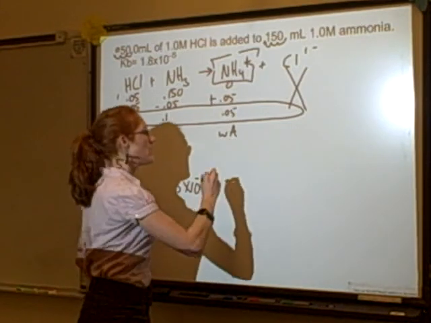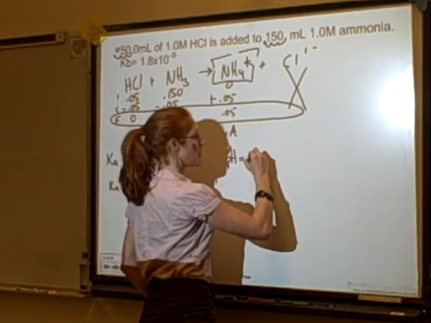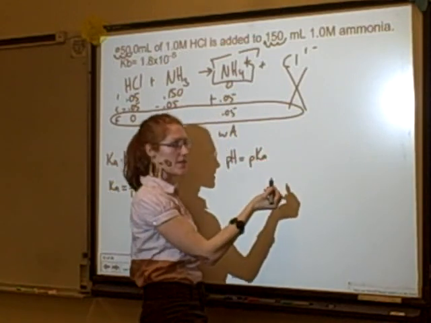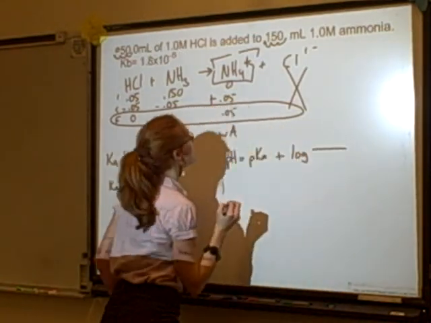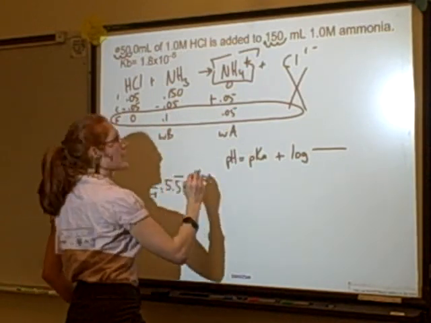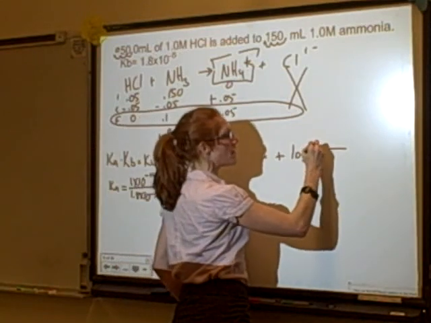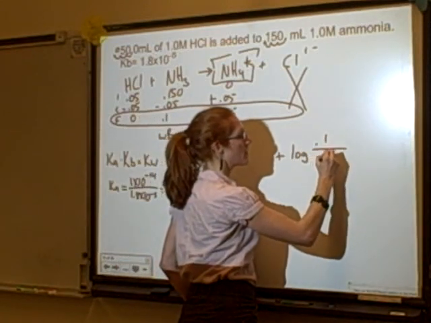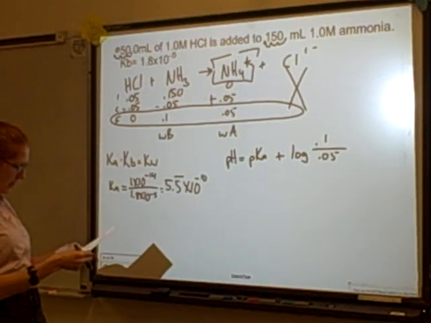So then I can say pH is equal to pKa of the ammonium ion, because that's the acid, plus log of the base over the acid. The base is this guy, 0.1 over 0.05, so really log 2. I know, so 0.1, 0.05. Good. So pH, let's see.